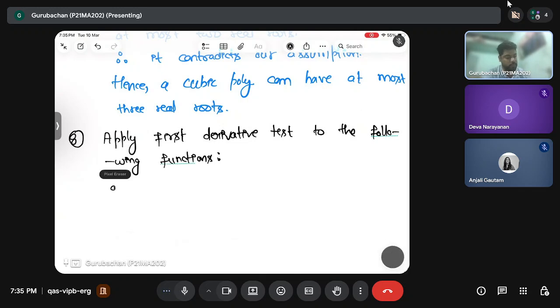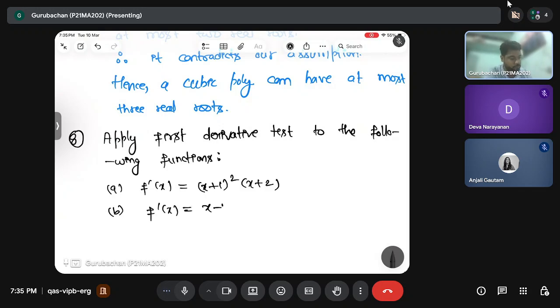First one is f dash x is equal to x plus 2, f dash x is equal to minus 1 by 3 x plus t.